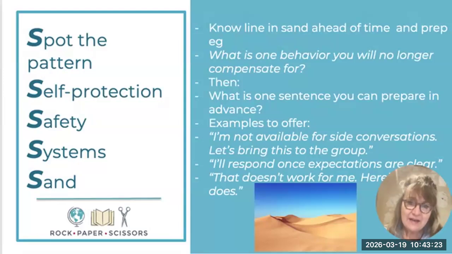So ahead of time, if you draw your line in the sand, in other words, if you know your boundary, so where are you willing to flex? Where are you willing to take the shape of the container, as Diana so poetically said? And where are you not? What would violate your morals, your ethics, it just doesn't work for you, right? So if you know that ahead and have some examples prepared, that can be very helpful.